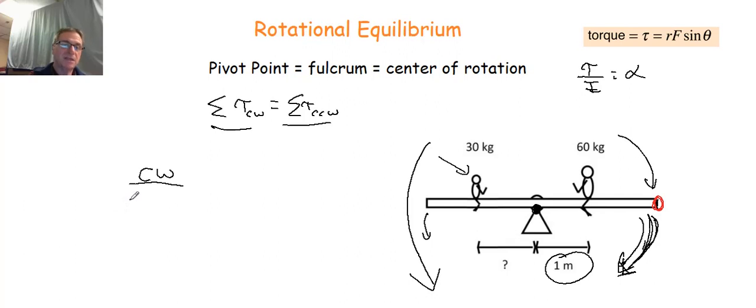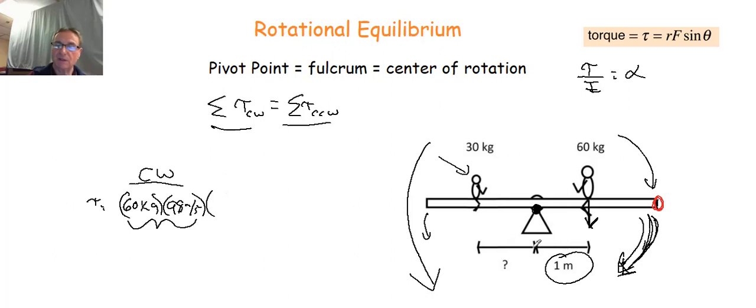So the clockwise torque is going to be this. We're going to have 60 kilograms times 9.8 meters per second squared, and that's the value of g. That gives us the force that this person is applying at that point, times, remember the torque is the force times the lever arm distance.